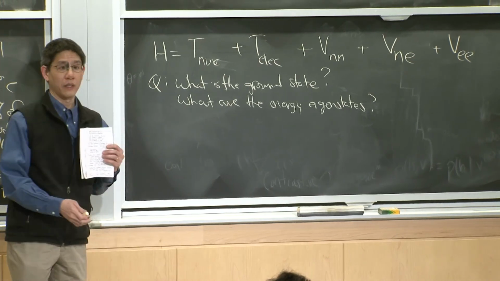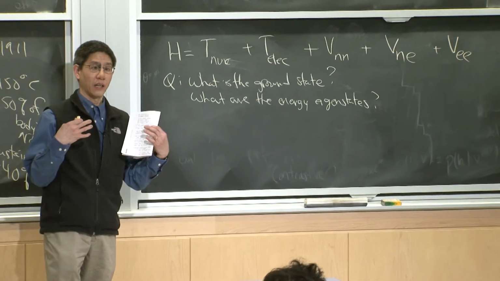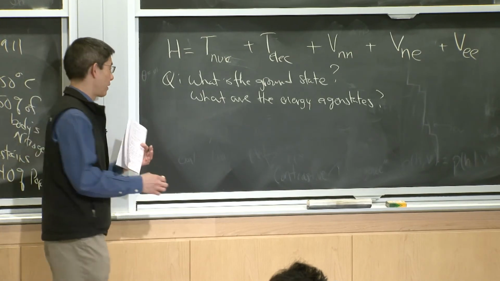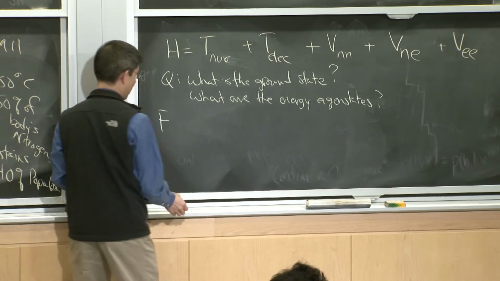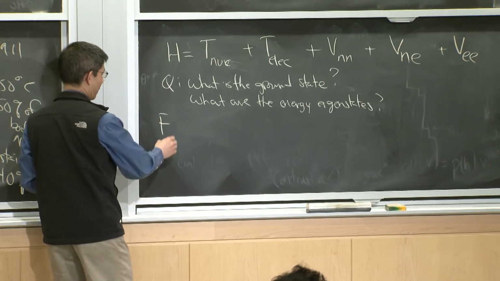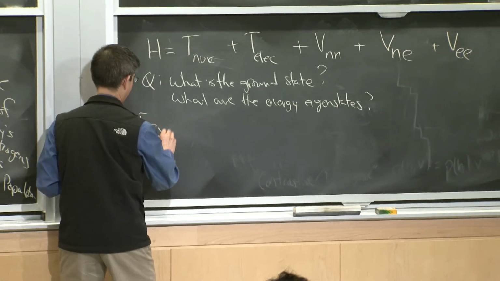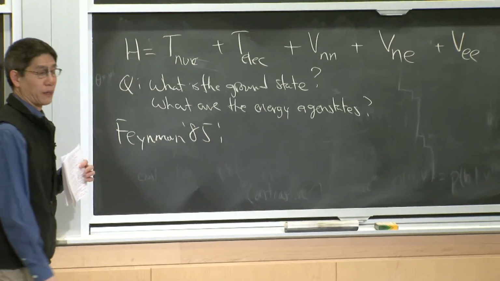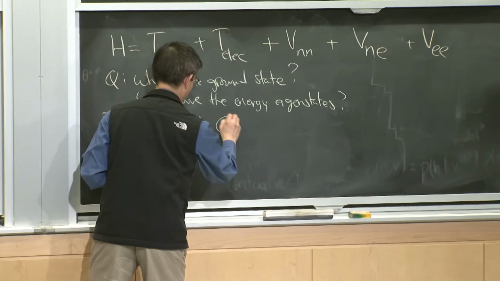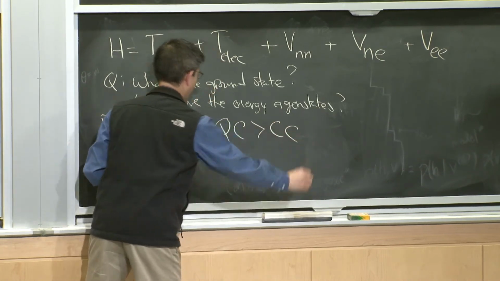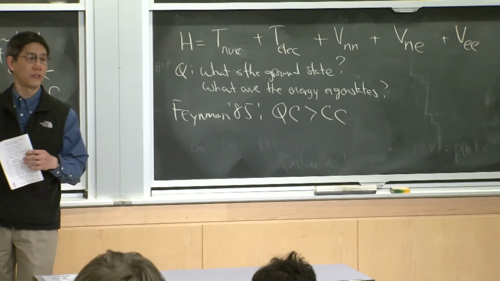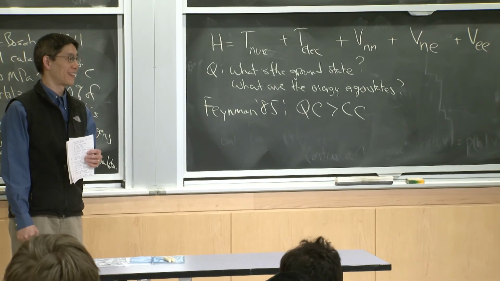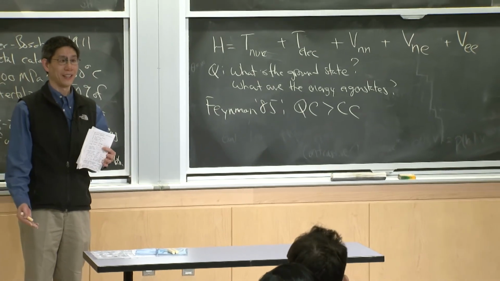Now, in principle, this is something that a quantum computer can tell us in a way which is fascinatingly different. So as Peter Shor told you about, in 1985, Richard Feynman observed that quantum computers, in principle, are capable of simulating physical systems much more efficiently, faster than classical computers can.